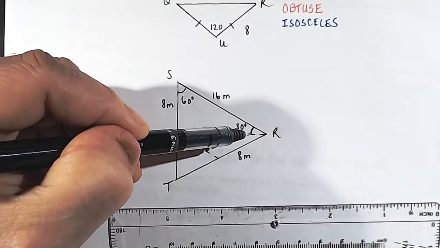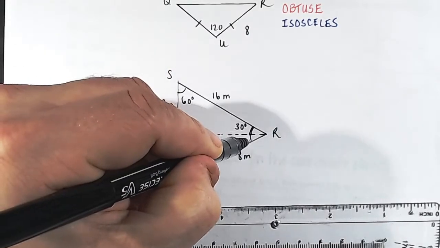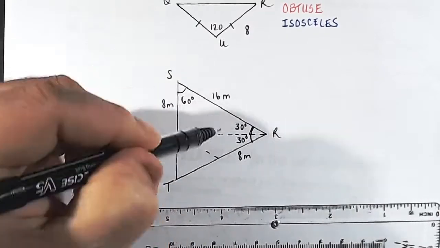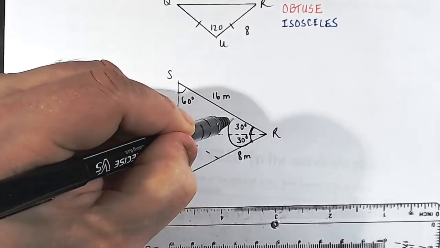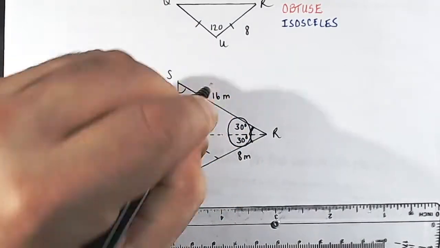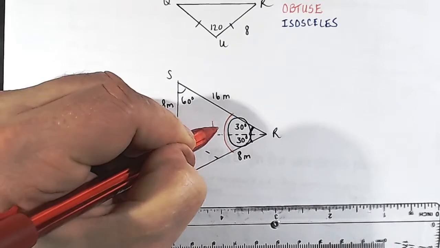So if this angle is 30 degrees, then this angle right here must also be 30 degrees. So if you take these two angles together, they're 60 degrees. So this big angle right here is 60 degrees.